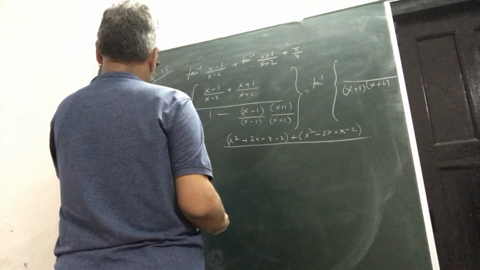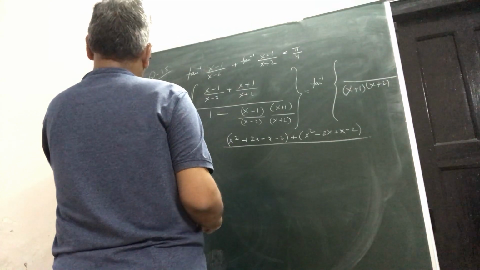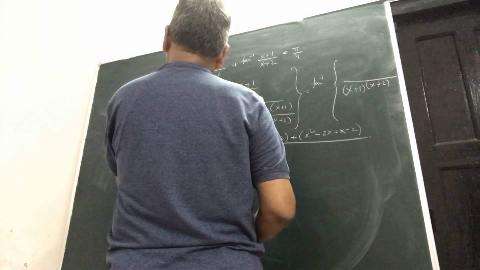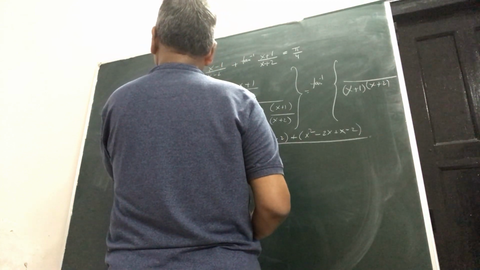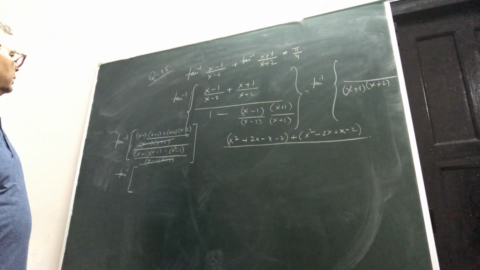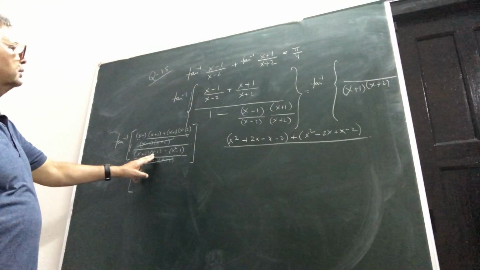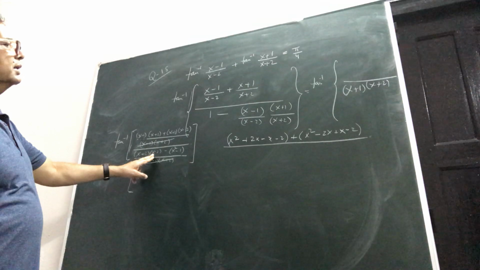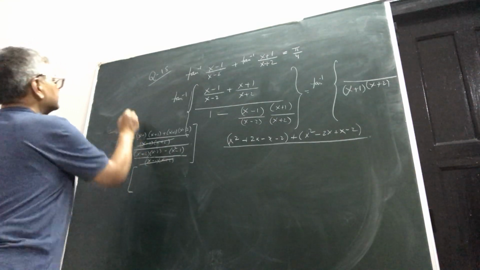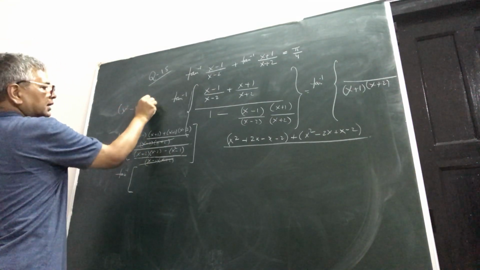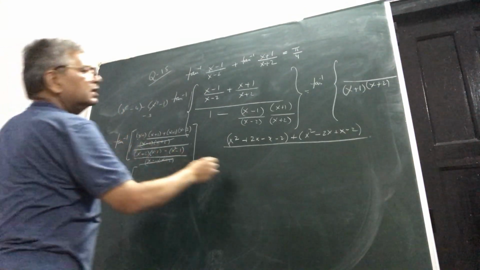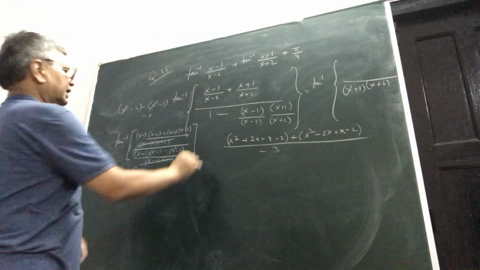It is x square minus 4 minus x square plus 1. So x square will cancel and minus 4 plus 1 will fetch you how much? Minus 3. So it will be minus 3 here and tan inverse.